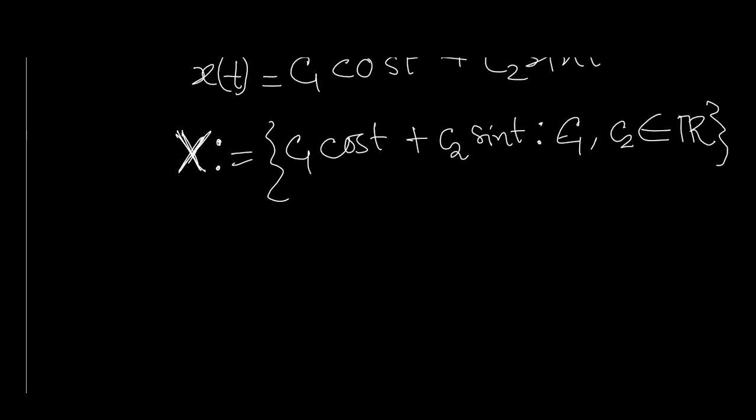So we are defining a set capital X that contains all the solutions obtained by taking all c1, c2. Now we can naturally induce the operations of addition and scalar multiplication on this particular set X. Let me do it, then I will tell you the conclusion.